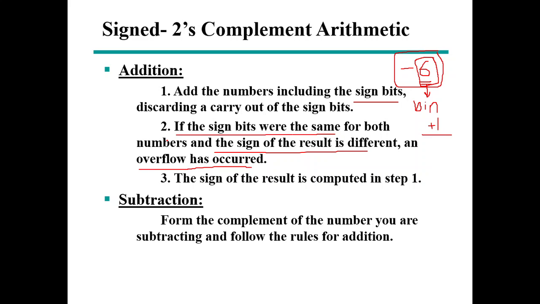You must pay attention to this as well: if the addend and augend had the sign bit 0 and the sum has the sign bit 1, or if the addend and augend had the sign bit 1 and the sum has the sign bit 0, that means the result is not correct, the result has overflown.